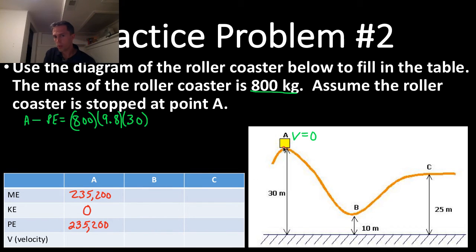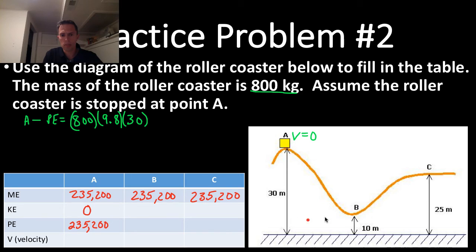And that's an important point. For this roller coaster, anywhere along its path on this track, its mechanical energy is going to be the same. So I can go ahead and fill in the rest of this, 235,200 at B and also at C. Once you find mechanical energy, you've got it for its whole path along this track.